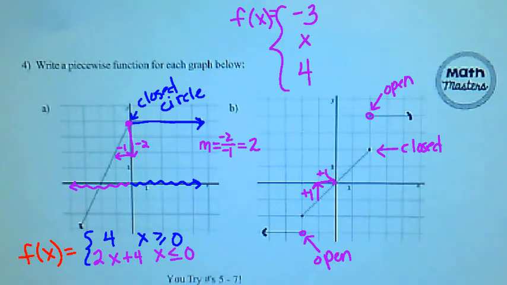Now you're going to want to do your domains. If we start at the bottom one, we're doing our x values. So x less than -2, and it's going less than, so x is less than -2. Now this one is also closed, so we're going to have a little interval.